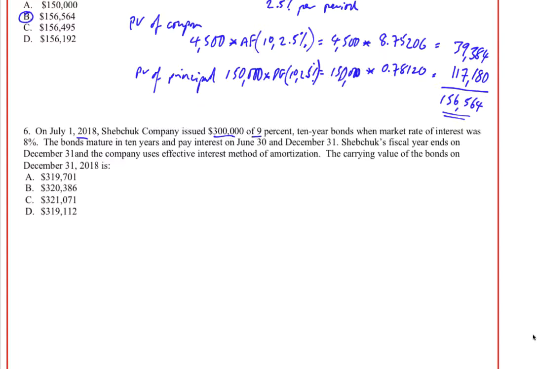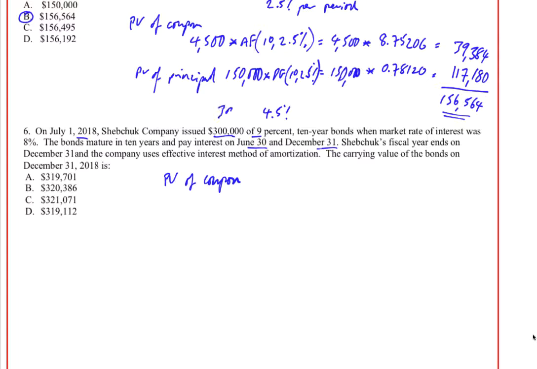So again, let's look at the present value of the coupon. The present value of the coupon is going to be the 300,000, which again pays interest semi-annually. So 9% per year is, of course, 4.5% every 6 months.